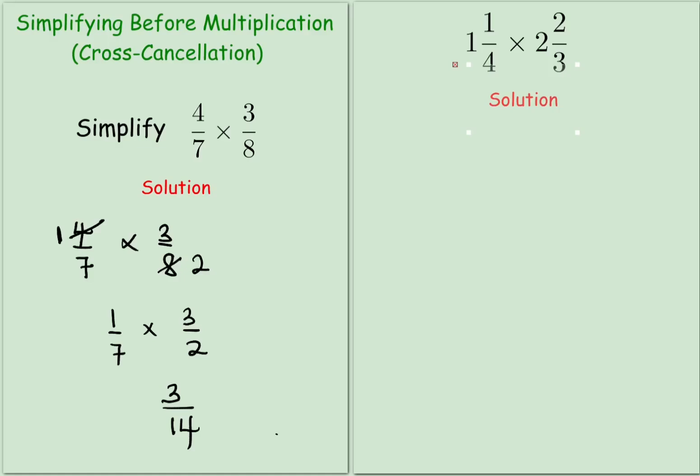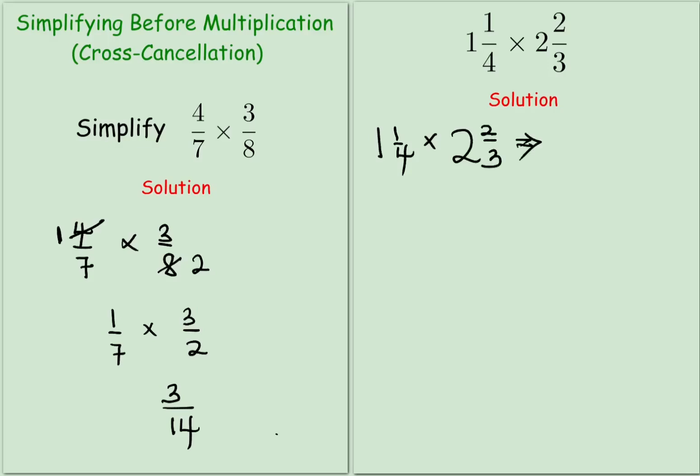That is all. With that said, let's take some few more examples and then we'll be good to go. So for this here, we have 1 and 1 over 4, then times 2 and 2 over 3.